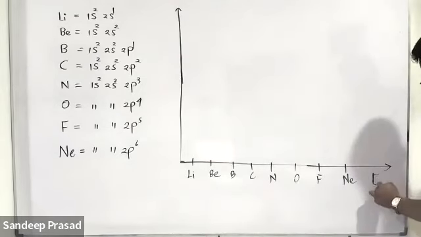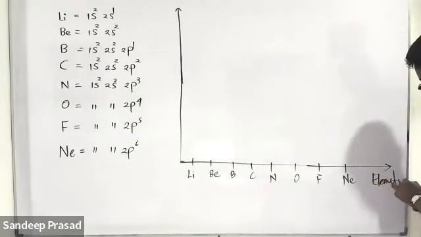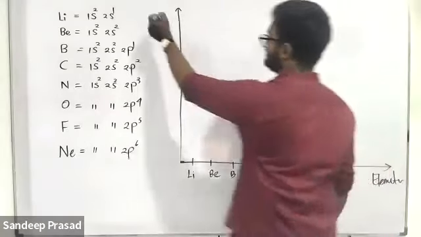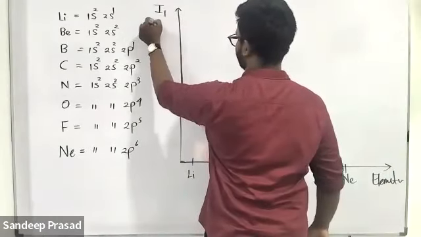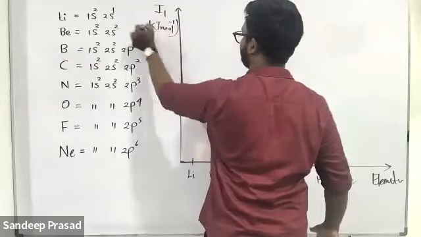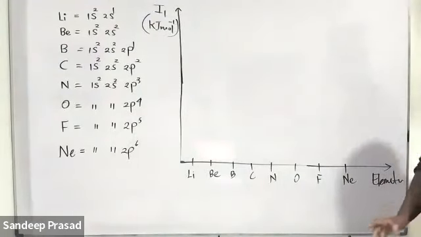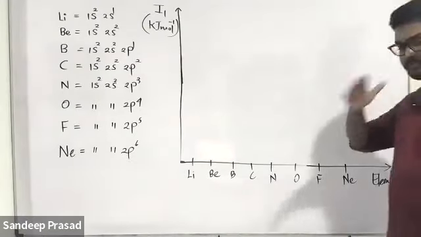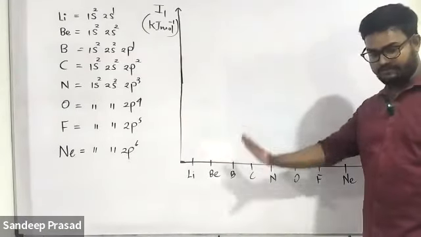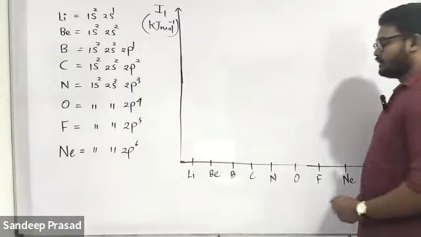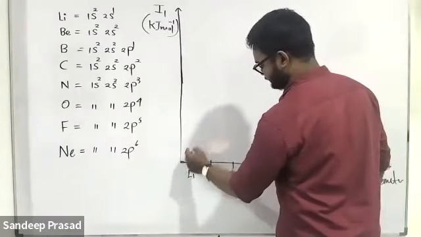So these are the elements, and this is the first ionization energy measured in kilojoules per mole. I'm going to draw a simple graph and I'll let you know how the ionization energy will vary. This is very, very important. Now, lithium.